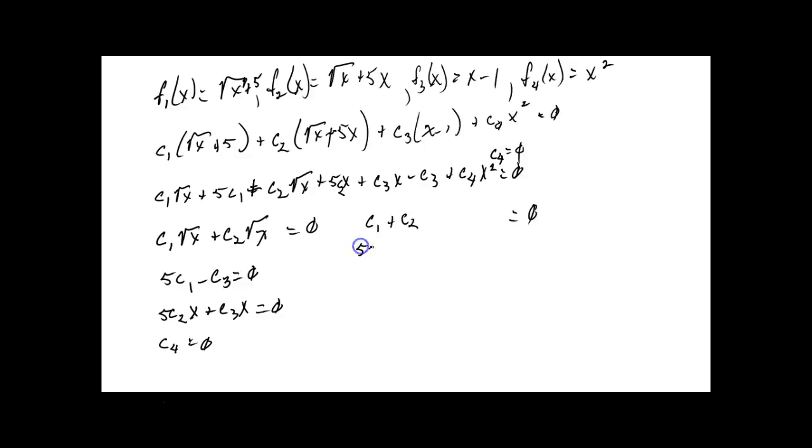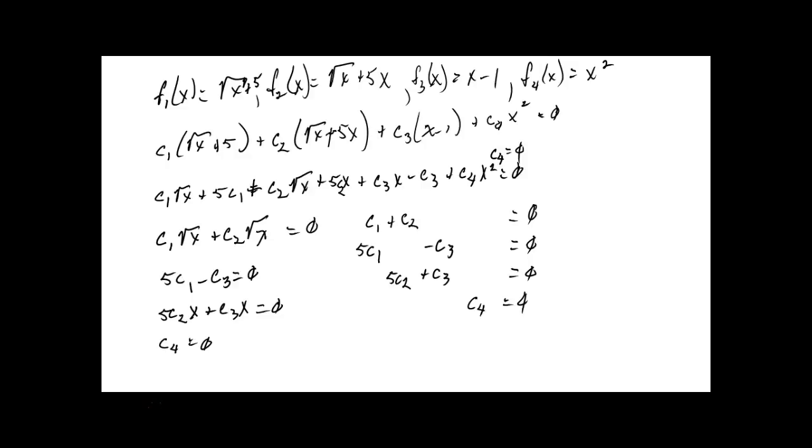This says that 5C1 minus C3 is equal to 0. 5C2 plus C3 is equal to 0. I got them all, right. And we got that C4 is equal to 0. Right? Did I miss any? Okay.